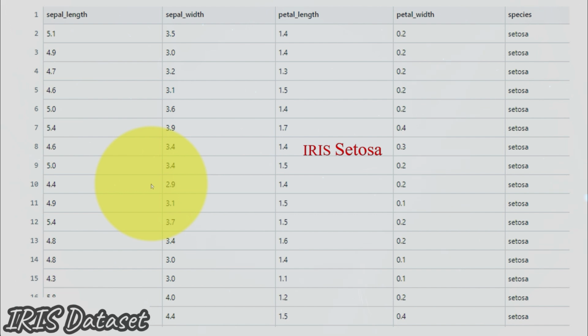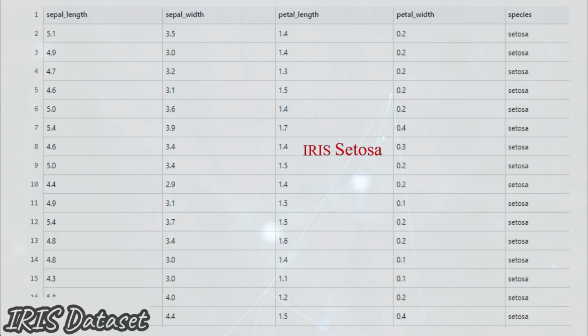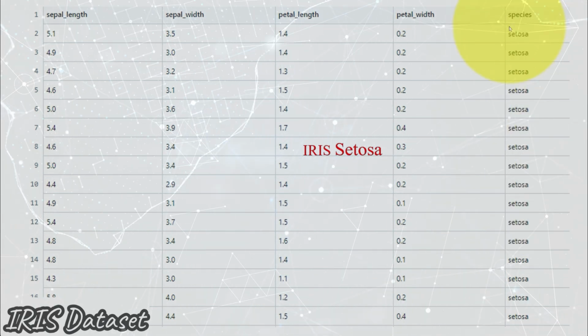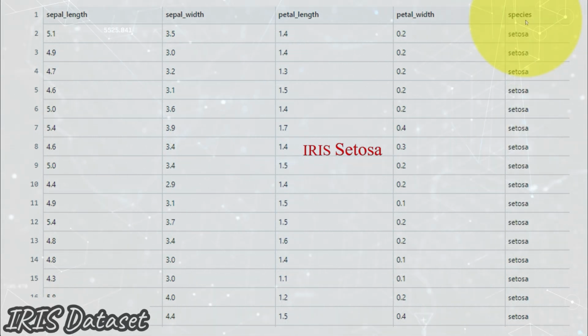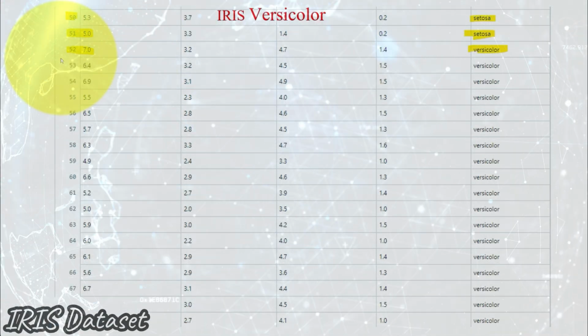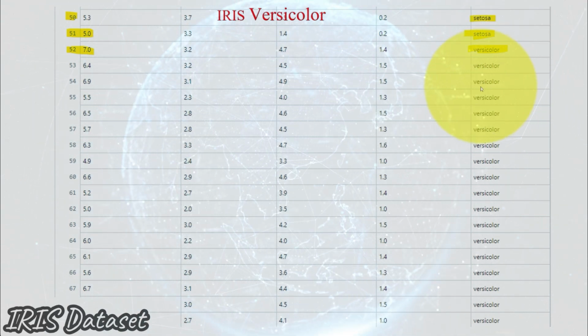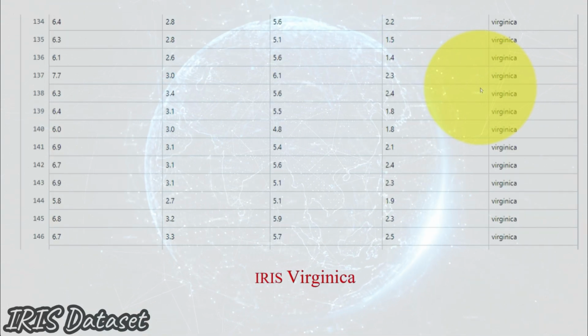So first we have the dataset. Inside this dataset we have a total of 150 samples, and here you can see the species. In total we have 3 species, and each species has 50 data points. You can see setosa, then we have versicolor, next we have virginica.